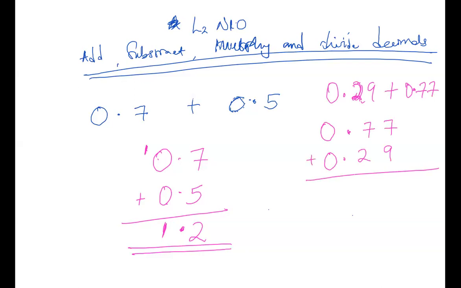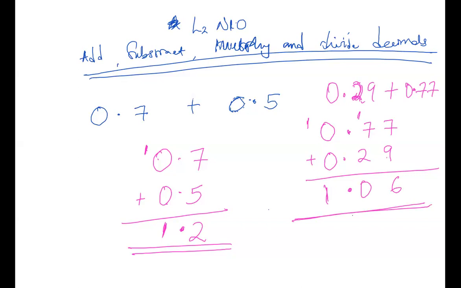This is going to be 6. You keep the 1 here. It's 10. Then you keep 1 here. The decimal is going to be here. 1.06. So that's it, 1.06. It's the same thing as when you want to add ordinary numbers.